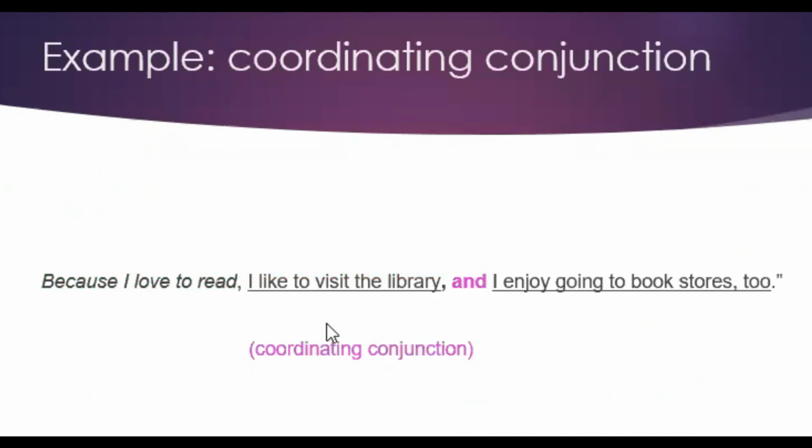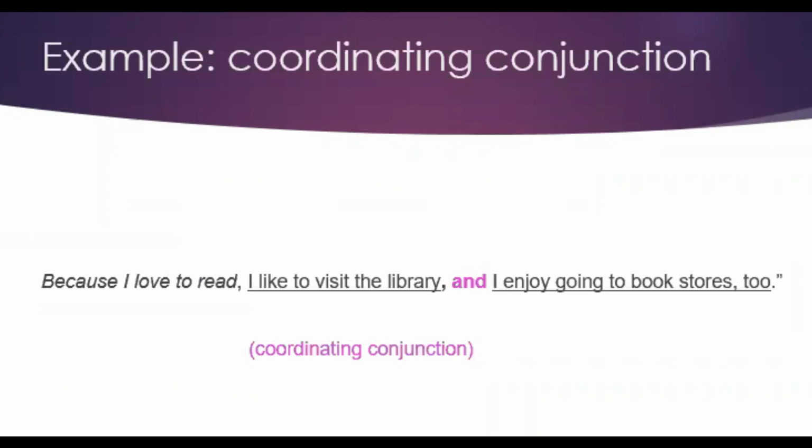So let's look at this one now. Here we're using a coordinating conjunction, and this is simple. So we have our components again. "I like to visit the library." "I enjoy going to bookstores too," which are our independent clauses joined to the dependent clause. And we're using a coordinating conjunction, and here we're using "and."